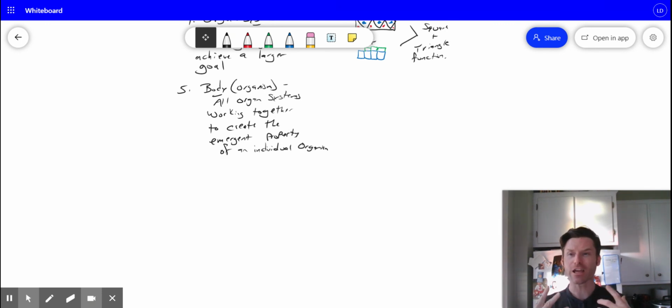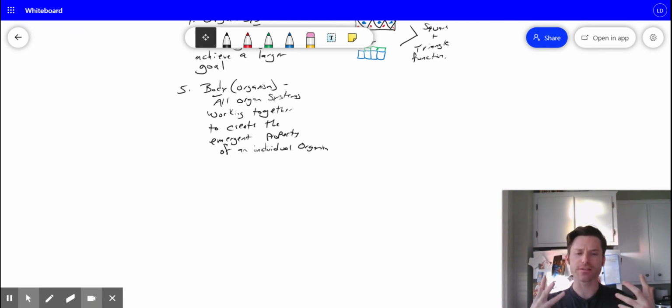Right? I am the composition of all of my organs working together. That's what makes me me. Right? And so you take my liver away, I'm going to die, and then I won't be me anymore. Right? You take my brain away, I'm going to die, and I won't be me anymore. Even though you remove one little component, the whole thing falls apart.